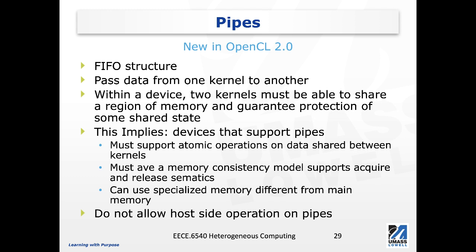This implies that devices that support pipes must support atomic operations, because these FIFO operations have to be atomic. They must also have a memory consistency model that supports acquire and release semantics. And they can use specialized memory different from the main memory. Currently we do not allow host-side operations on pipes.